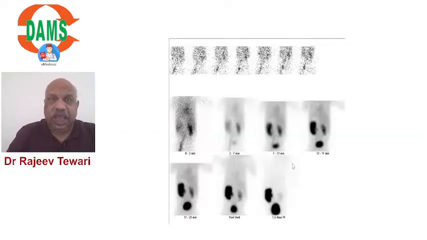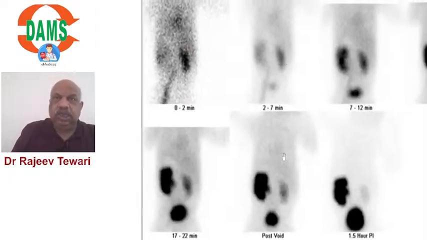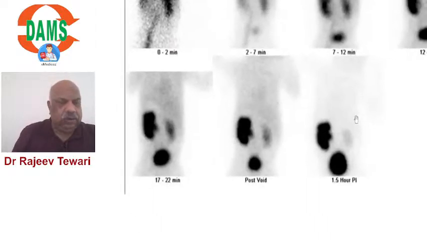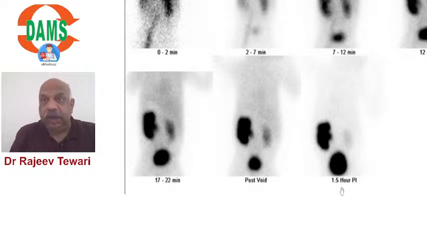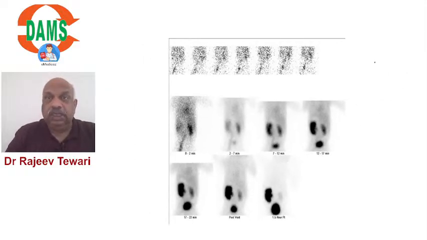So, this is a scan where you can see this kidney has drained and this is stuck, the isotope is there even at 1.5 hours. And which scan? MAG3 is best. If not, then we can go for DTPA.